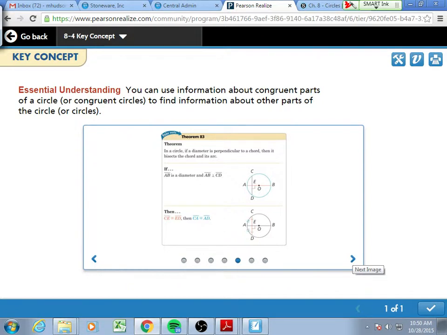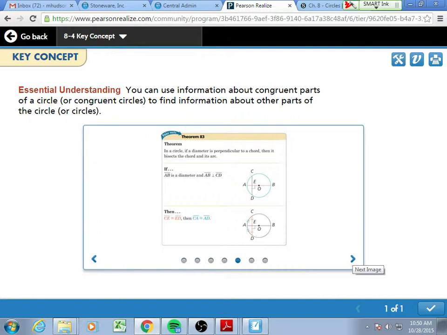If our diameter is perpendicular to a chord, then what about the chord itself? This is really cool, so I want you guys to take a second to look at it. CE is congruent to ED, so that diameter bisects my chord, and the arcs are equally bisected.